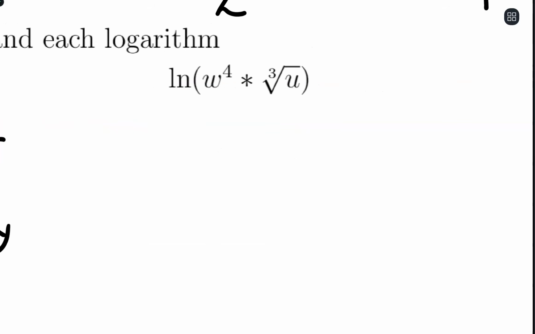All right, natural log of w to the 4th times cube root of u. Let's talk about rational exponents real quick. I did it slightly in a previous example. So in a previous example, I talked about how 10 to the 1/2 is equal to the square root of 10.